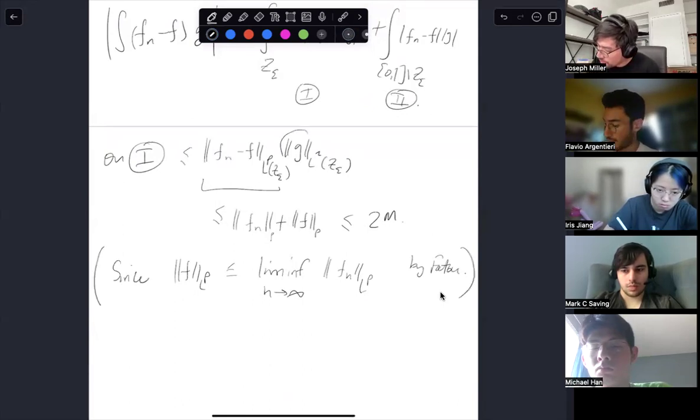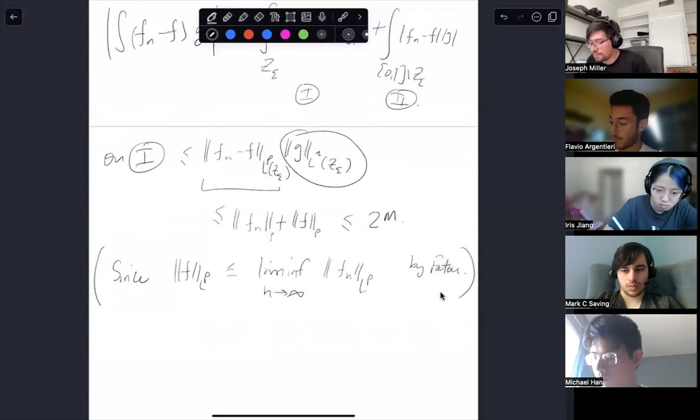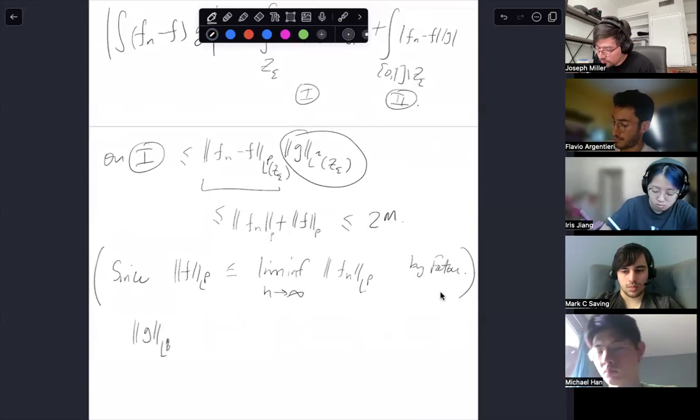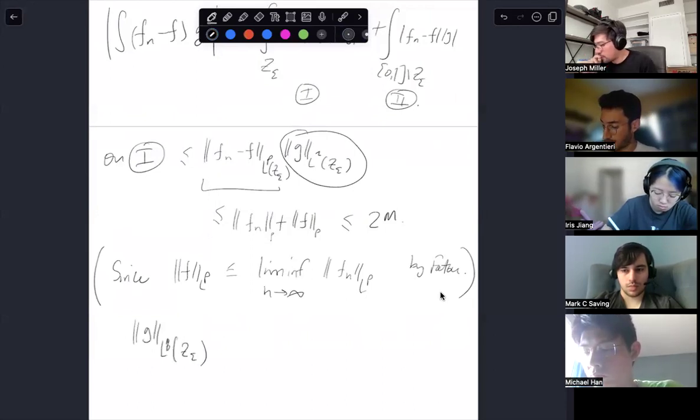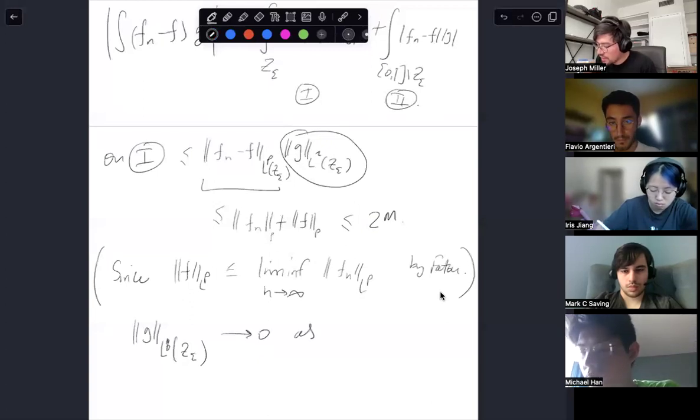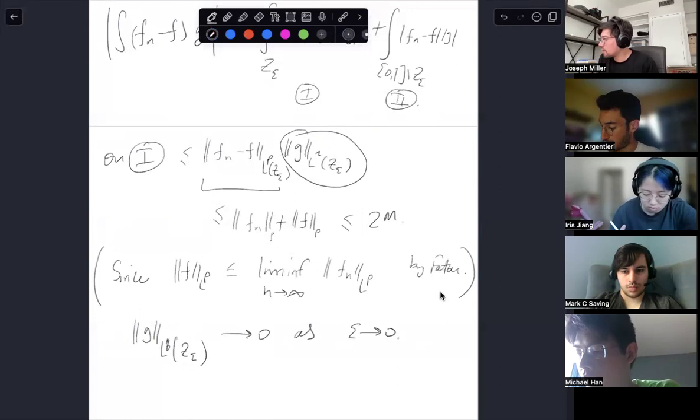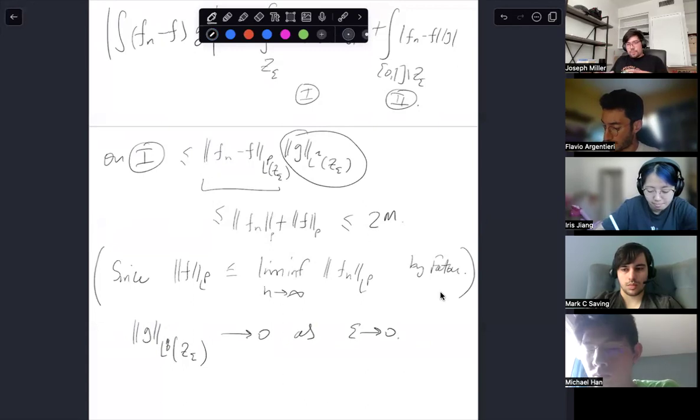And for this term, g in LQ of Z epsilon, I know that this goes to 0 as epsilon goes to 0, where this is the measure of the set, because I'm shrinking the set.